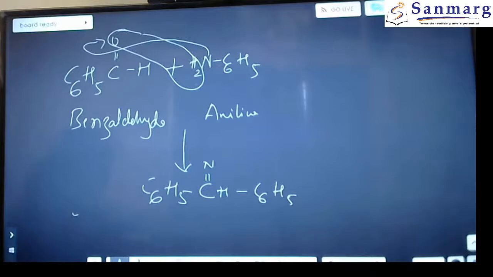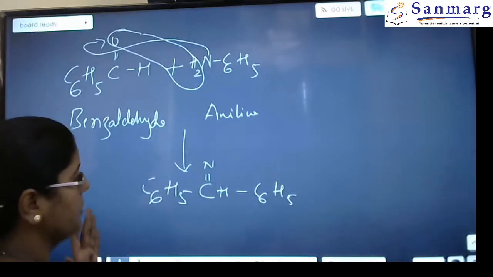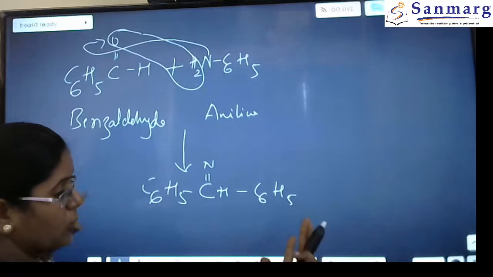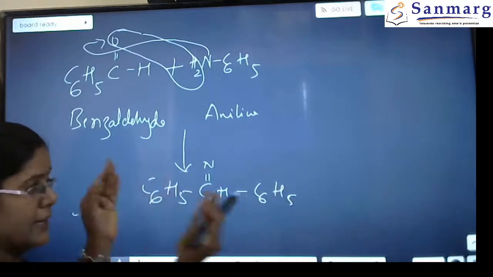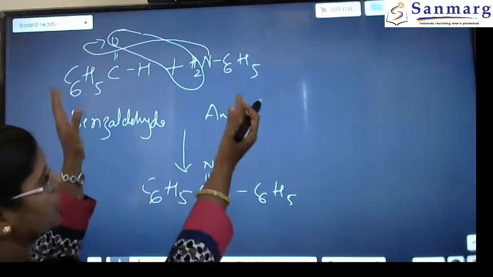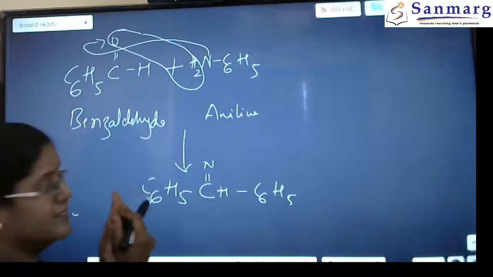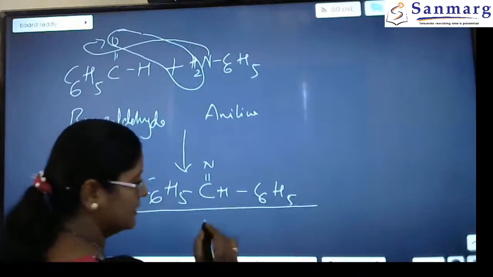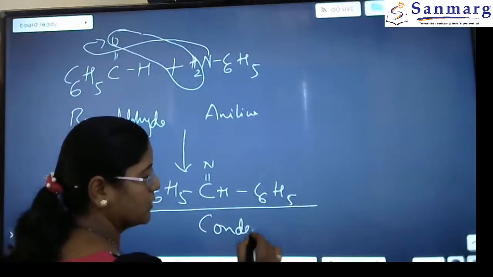This is an intermediate compound, and what is taking place here is that both molecules get attached to each other. That is, they condense. Both reagents get condensed. So the type of reaction here is condensation reaction.